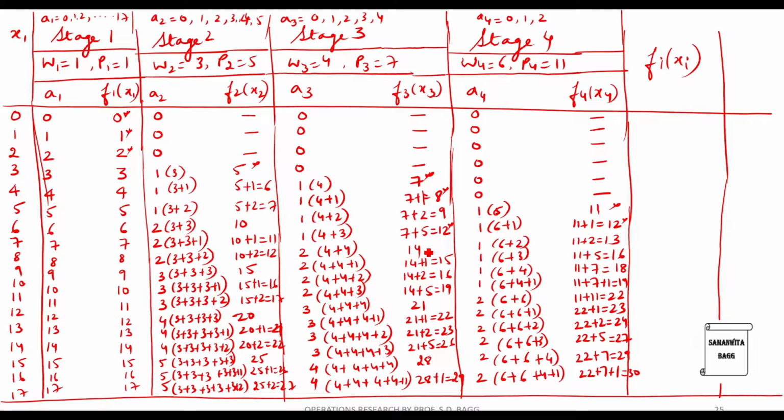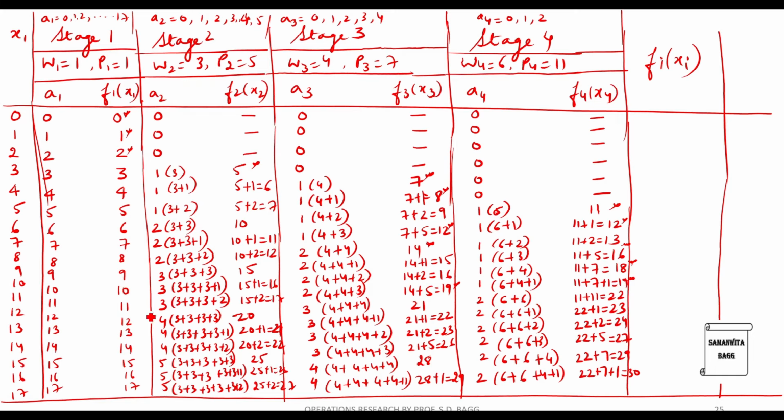So the highest value is 14. Then for 9 you have 9, 15, 15 and 16. So the highest value is 16. Then for 10, 16, 16, 18. This is highest. Then you have 11, 17, 19, 19. So both are highest.